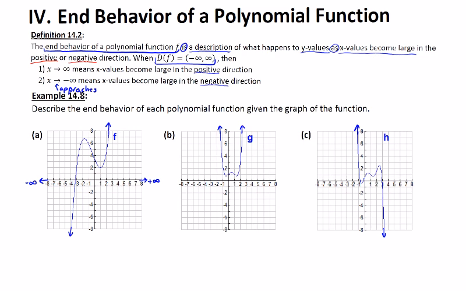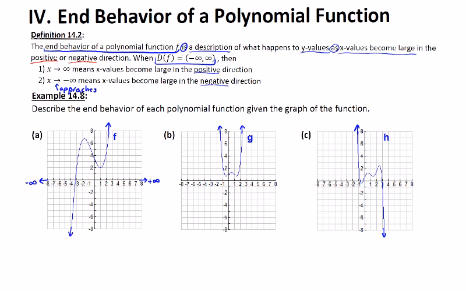The reason we do this is because it is impossible for us to have a window big enough to have the entire function graphed. The graph is going to always be so large that at some point we have to put arrows to indicate that it's going to continue to go off of the window. We just can't make a window large enough. So we use the end behavior as a way of describing precisely where we're going to be going off of the graph.